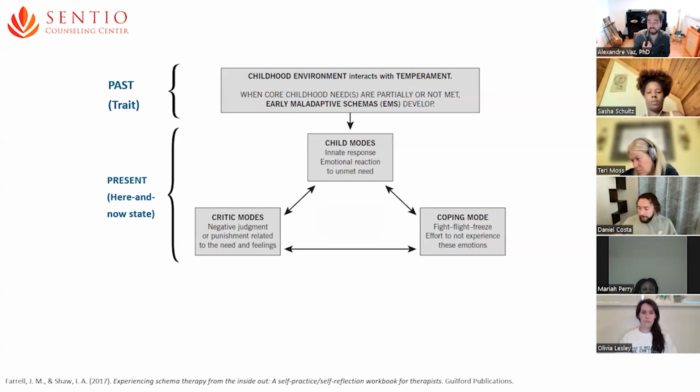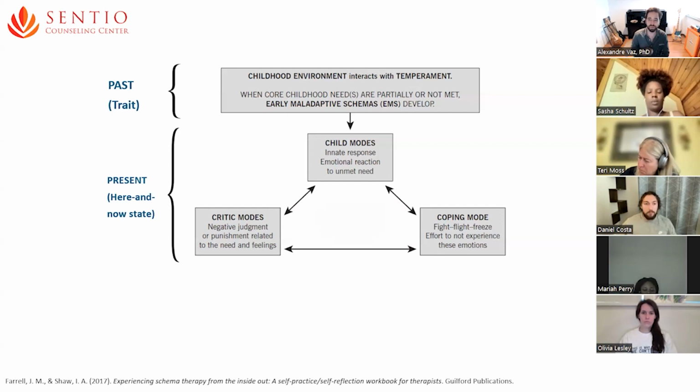So if you have a scared child mode, meaning the client inside sometimes feels like a scared child, even though they may be 50 years old, that scared child needs safety, needs a visceral feeling of security, which is something you can provide through corrective experiences in therapy. So the child mode is really the core of effective therapy, being able to access that primary vulnerable emotion and providing corrective experiences for that vulnerable, tender primary emotion.